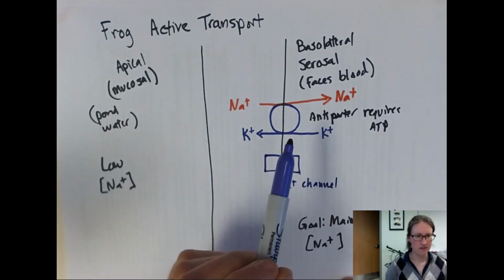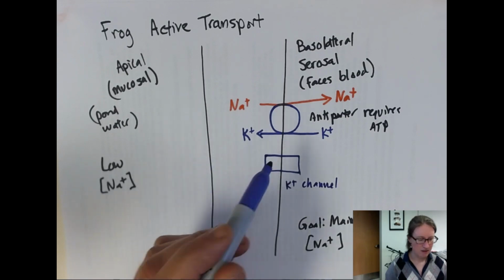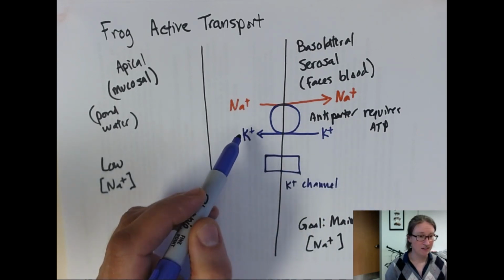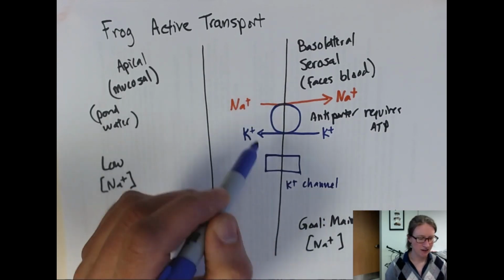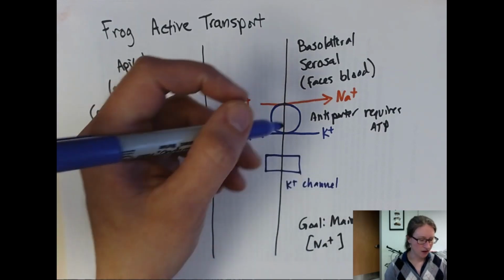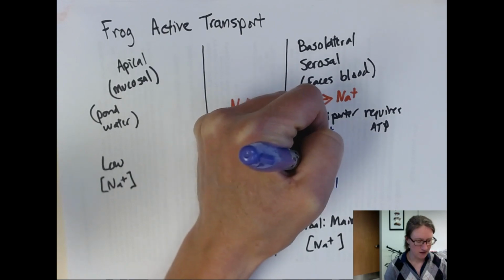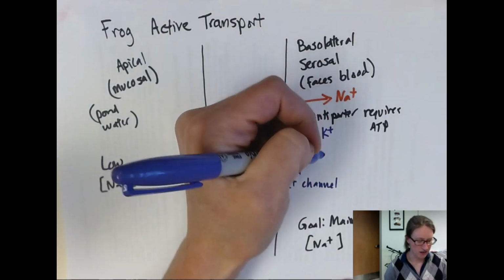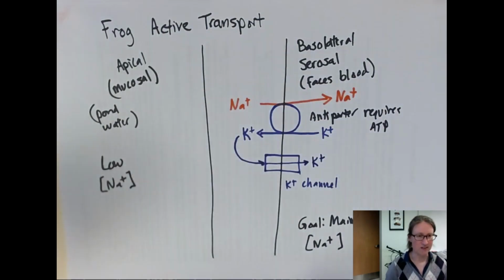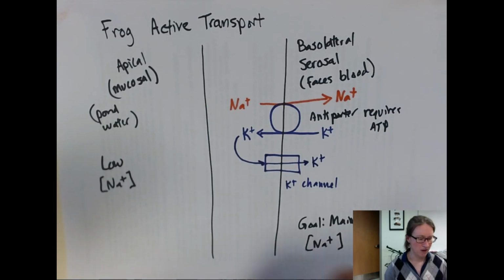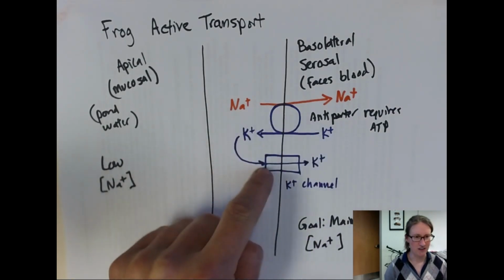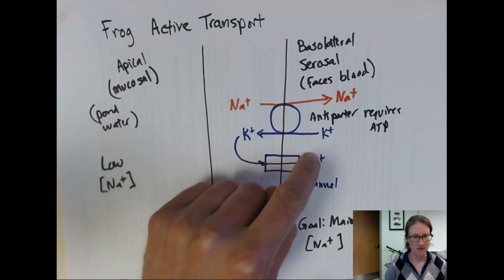Right, so this pump orientation means that there's going to be a buildup of potassium inside of the cell. So then this potassium can actually just diffuse back down its concentration gradient through this potassium channel. So in some ways this is kind of a futile activity because potassium's pumped in and diffuses right back out.